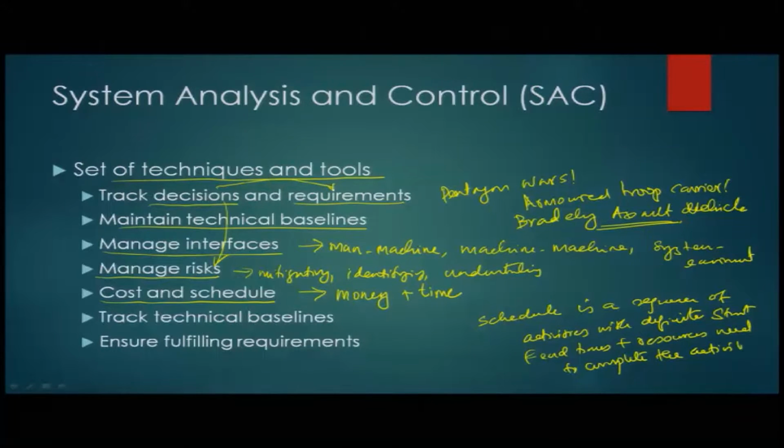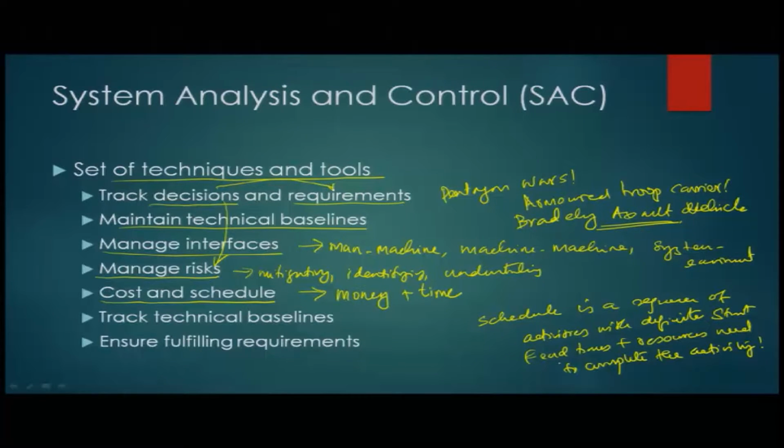So, we use schedule in that sense in this discussion of systems engineering: a sequence of activities with definite start and end times along with the resources necessary to complete the activity. So, the cost and the schedule: how much money is required, what is the time within which it will be done, along with the resources, are they there.